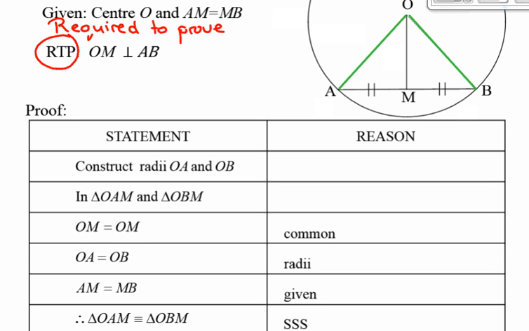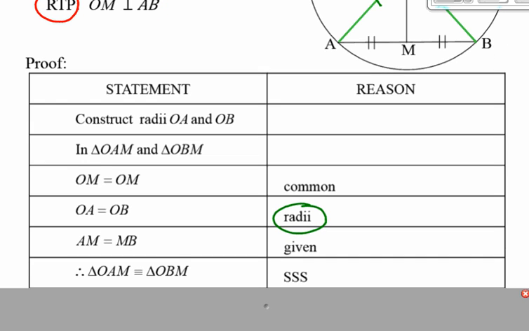We know that OA is equal to OB. How do we know that? Because they are radii. And then we know that AM equals MB because that was given to us. We have enough information, in other words, 3 sides, to prove that those two triangles are congruent. Just don't forget your reason for congruency.